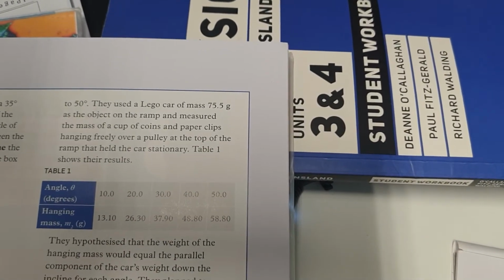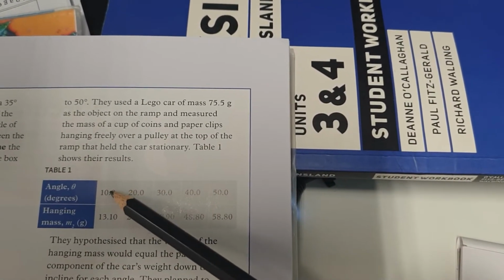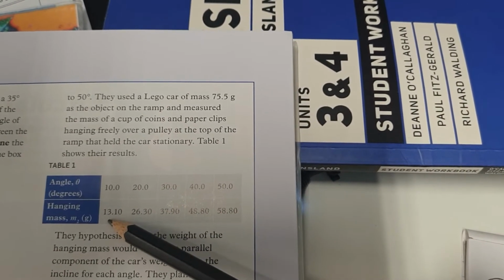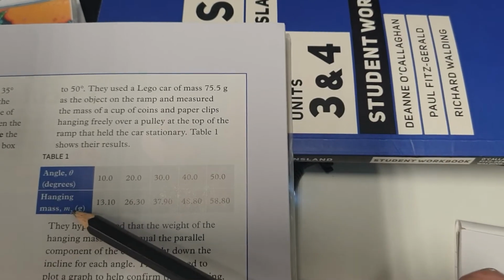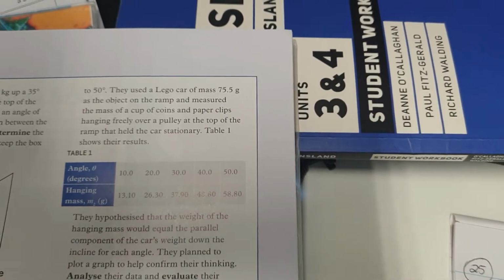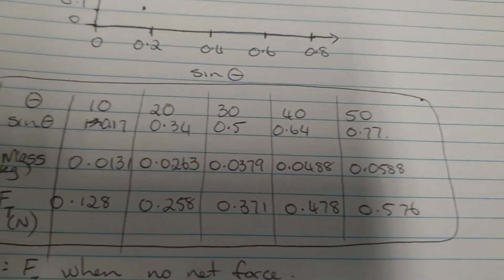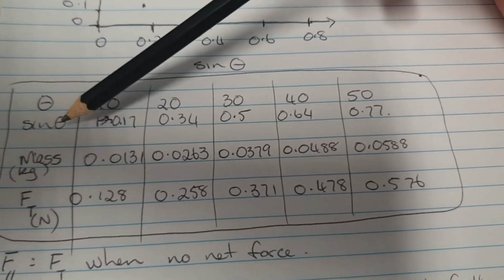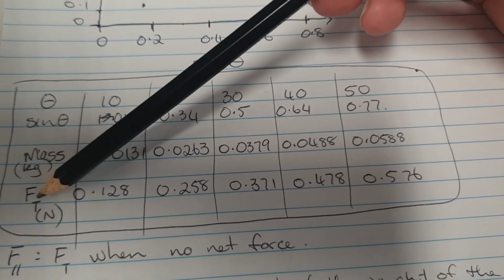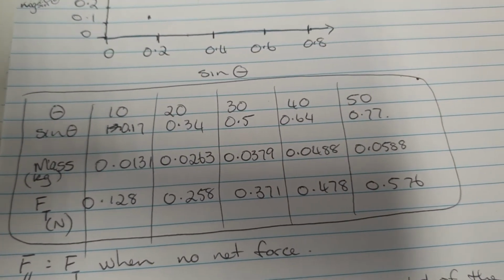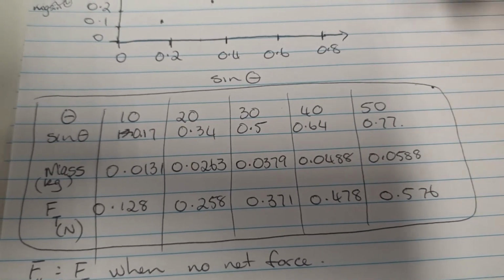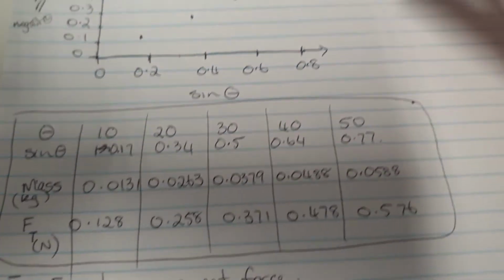So we know that we need the sine of this angle, and we're going to need that in newtons. That hanging mass, we need to convert that to a weight. So I've redone the little table. So I've got theta, sine theta, and then the mass and the tension, which is equal to the parallel component because the car is just sitting still.